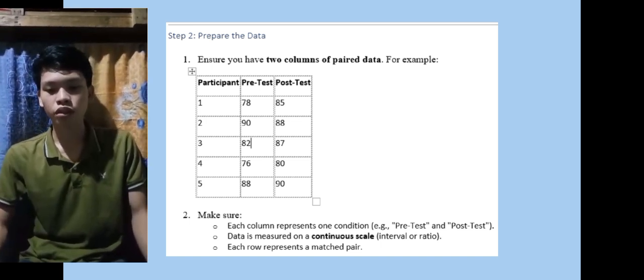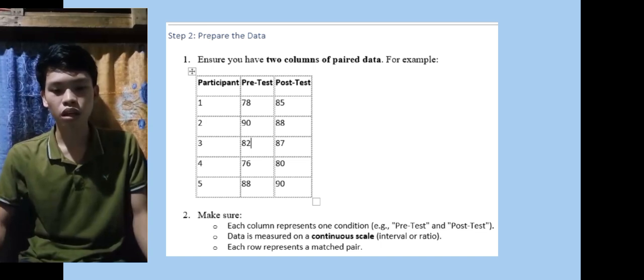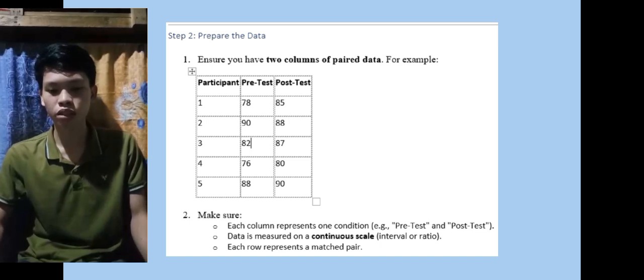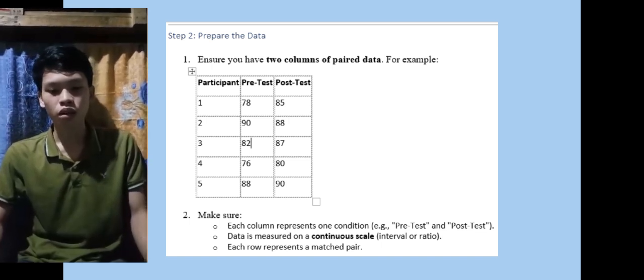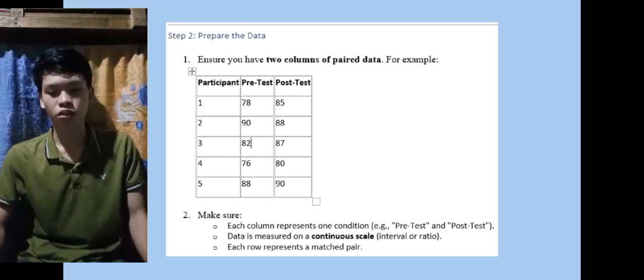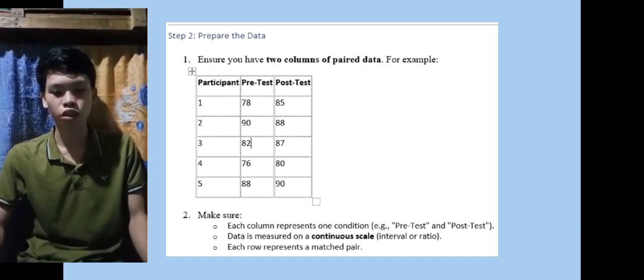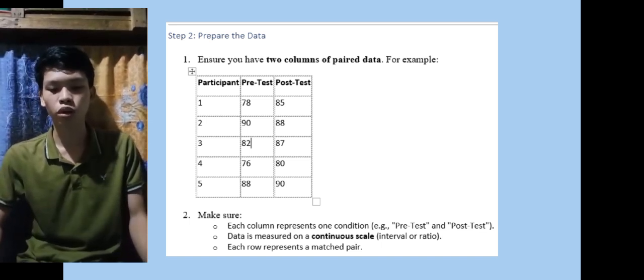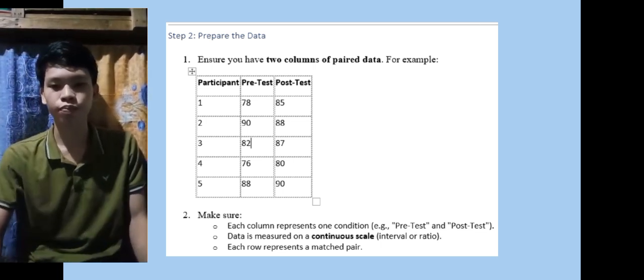The first column contains the participant's ID. The second column, or what we call pretest, contains the data for the first condition, and the third column, which is the post-test, contains the data for the second condition. These two columns present the two sets of data that we will compare, and each participant's data is continuous.